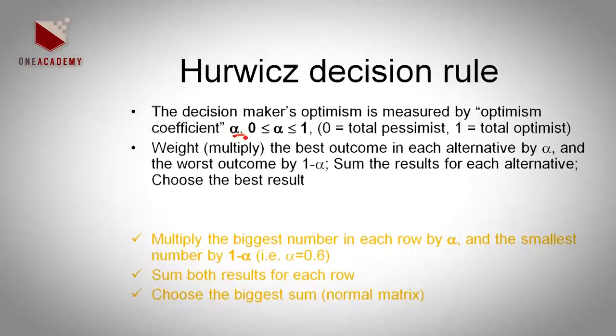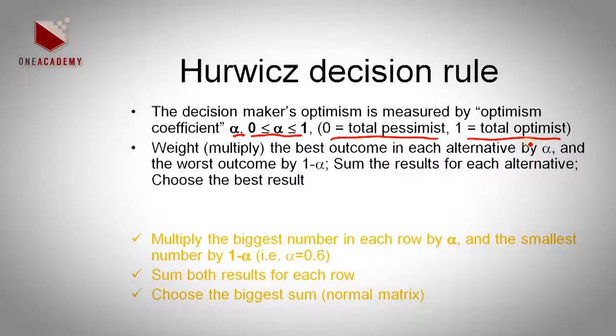Such a decision rule is the Hurwitz decision rule, which has one important feature. It implements the so-called coefficient of optimism. The coefficient of optimism, alpha, is a number between 0 and 1, where 0 means a total pessimist and 1 means a total optimist.